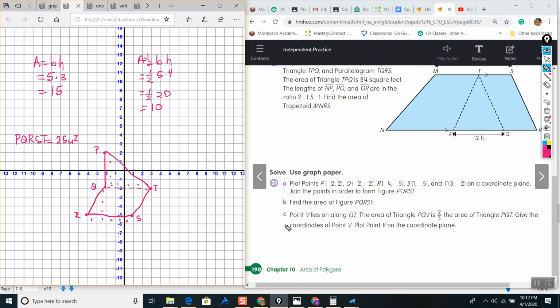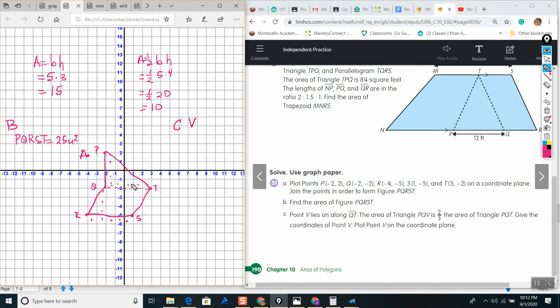Now it tells us in C. So this is A, right? We plotted it. And this is B. We found the area. So now we're trying to do C, okay? We're trying to find point V, and it lies along QT. So it's somewhere on this line here, okay?